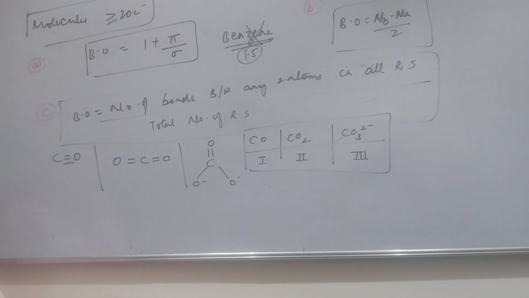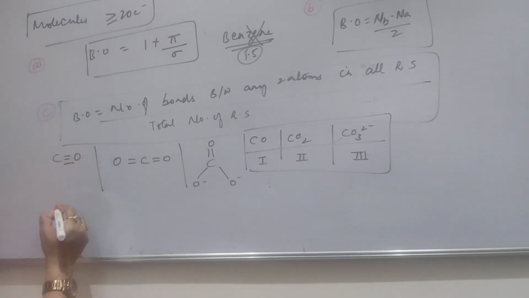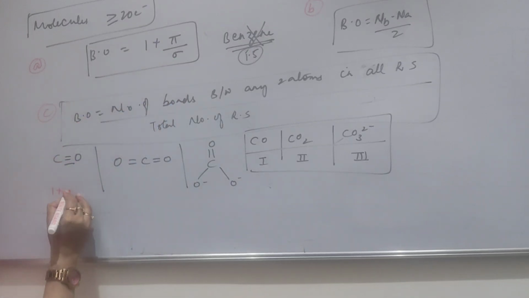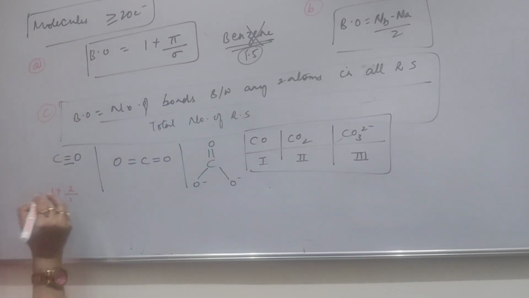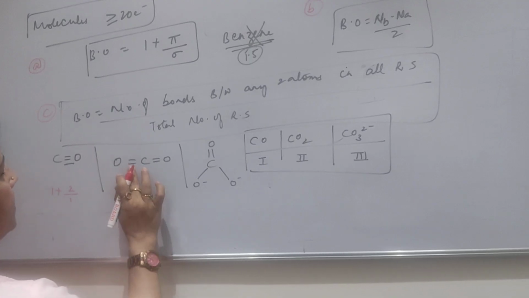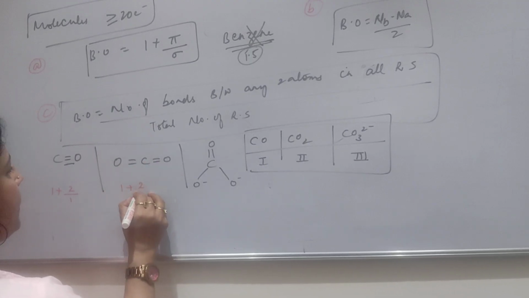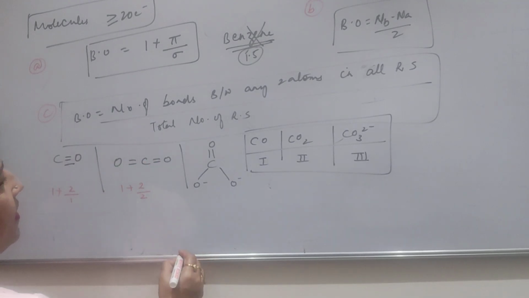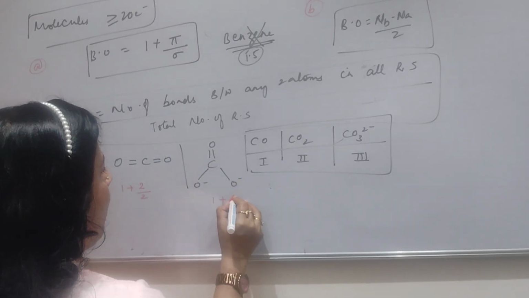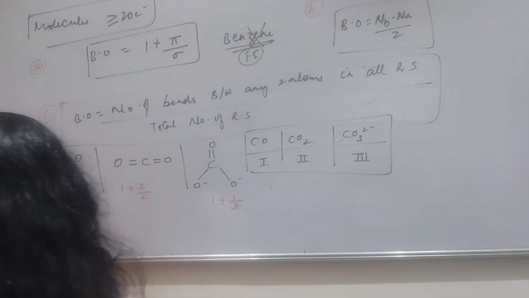Now we know that bond order is equal to 1 plus pi by sigma. So CO has 2 by 1. Here you have 1 plus 2 pi's and 2 sigma. And here you have 1 pi and 3 sigma.